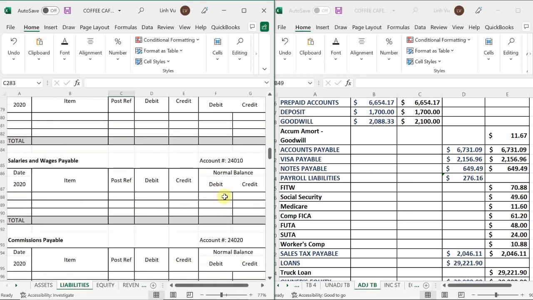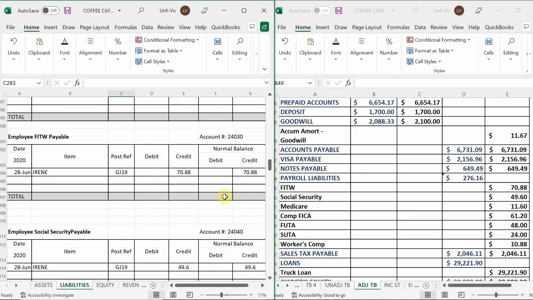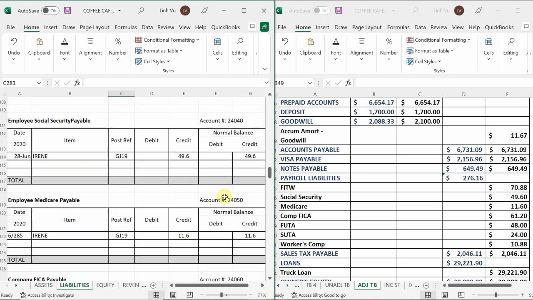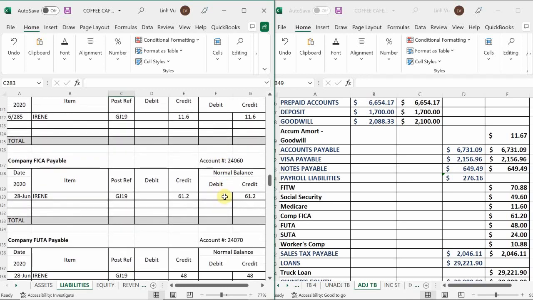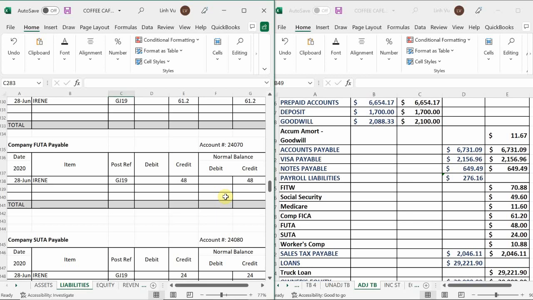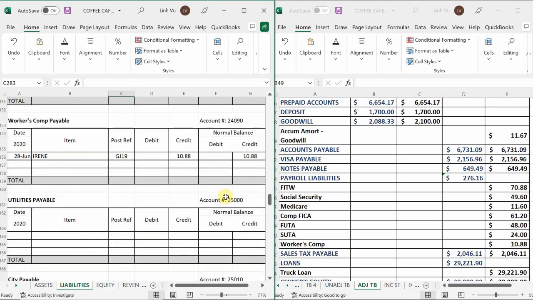My payroll liabilities should be a grand total of my federal income tax at $70.88, $49.60 for Social Security, $11.60 for Medicare, $61.20 for my company FICA, FUTA is $48, SUTA is $24, and my workers' compensation is $10.88. So those numbers have not changed.